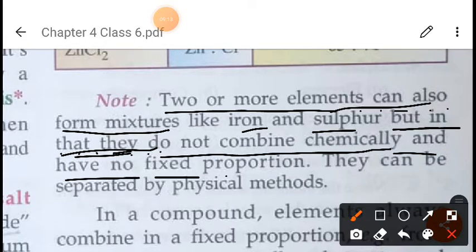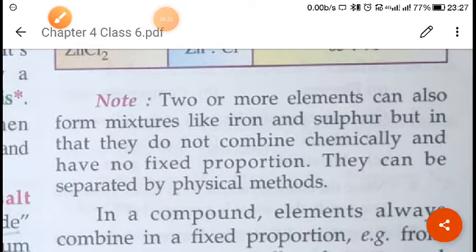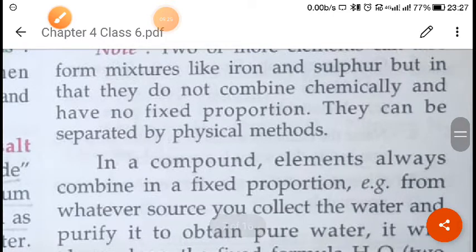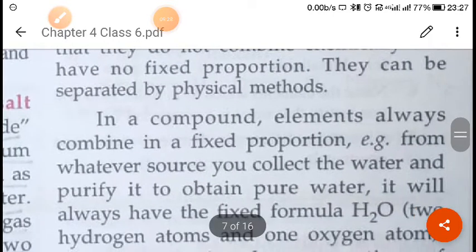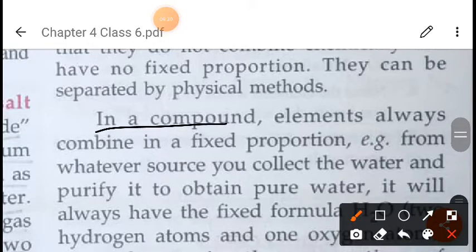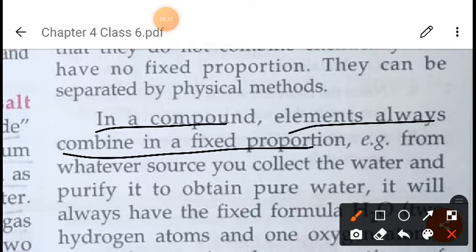Means if we add iron and sulfur, it will not combine chemically, and it will not be in a fixed proportion. They can be separated by any physical method, okay? They are not a compound, they are just a mixture, okay? But in a compound, elements always combine in a fixed proportion, as we have seen with water, zinc chloride, whatever we have seen, right?